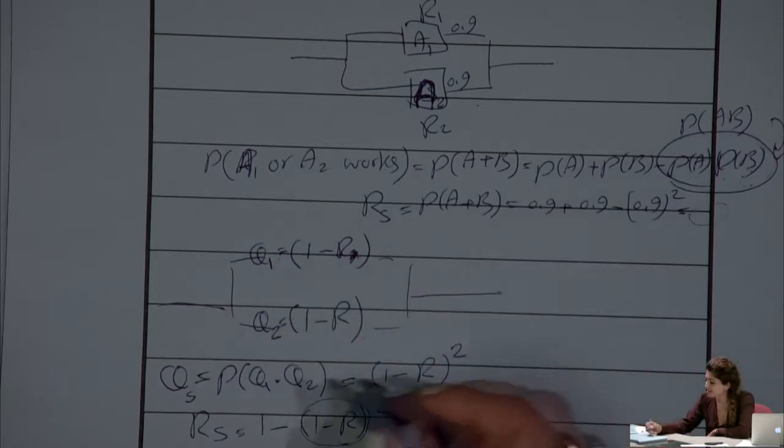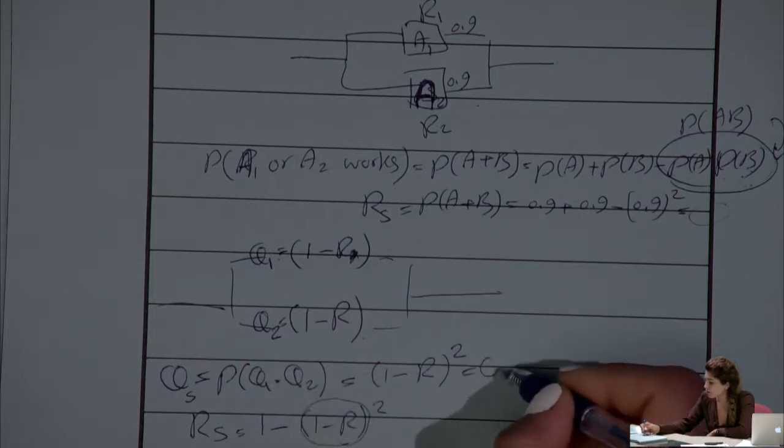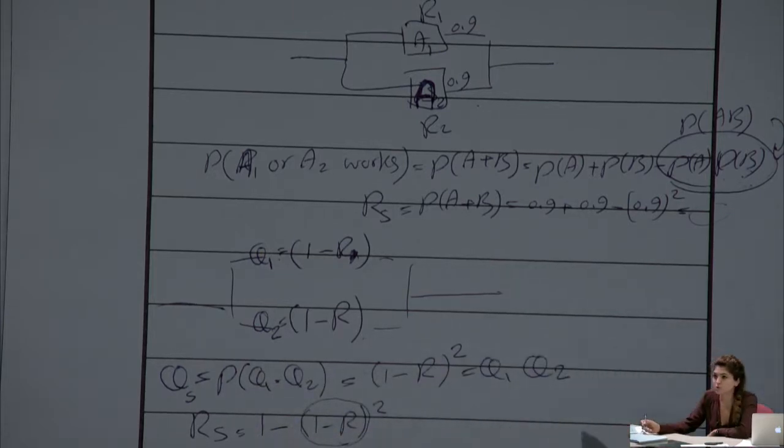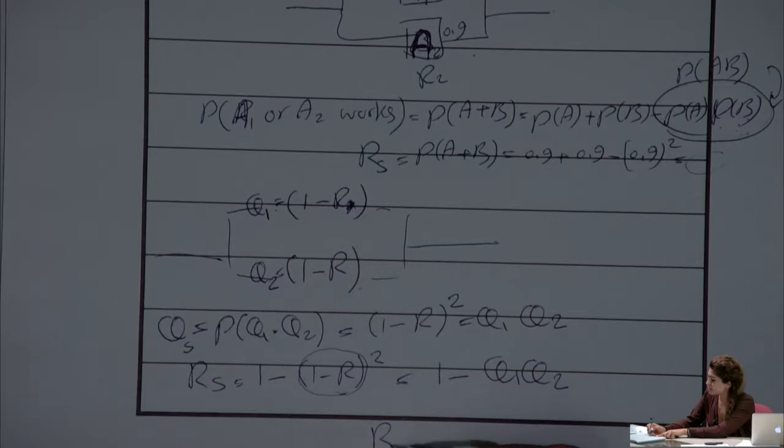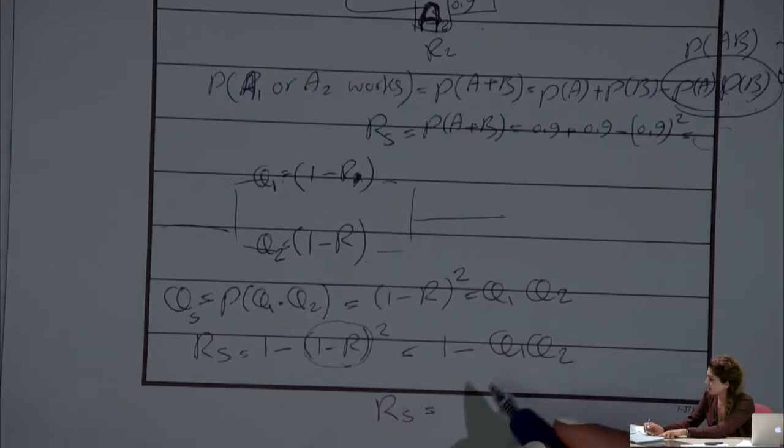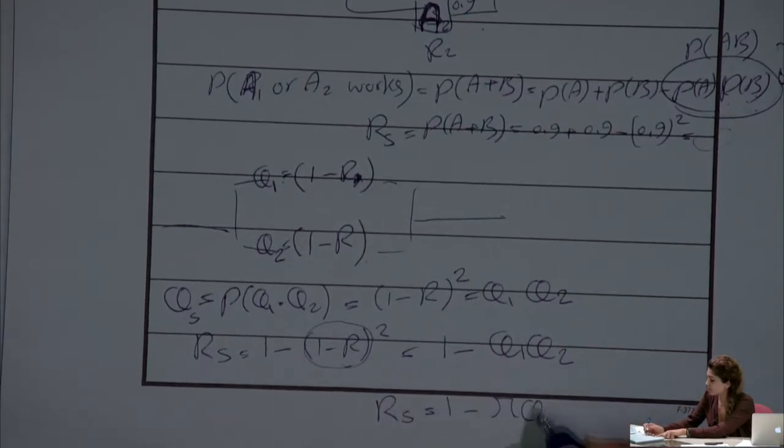So this equation would turn into 1 minus Q1 multiplied by Q2. So the general formula for the reliability of the system when it's in parallel is 1 minus the multiplication of Q's, where Q is 1 minus R, basically the probability of failure.